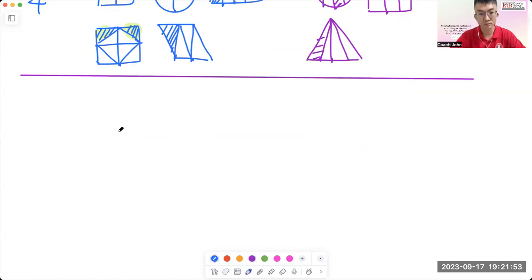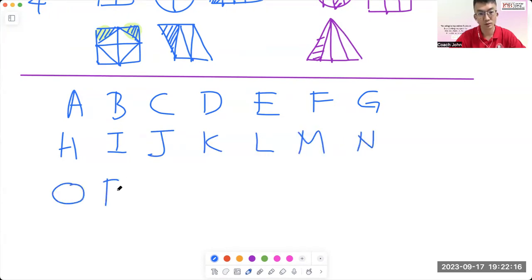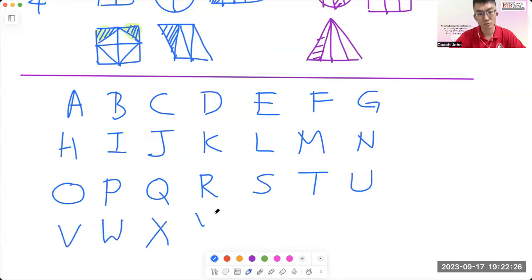Let me just label the alphabets: A, B, C, D, E, F, G, H, I, J, K, L, M, N, O, P, Q, R, S, T, U, V, W, X, Y, Z.